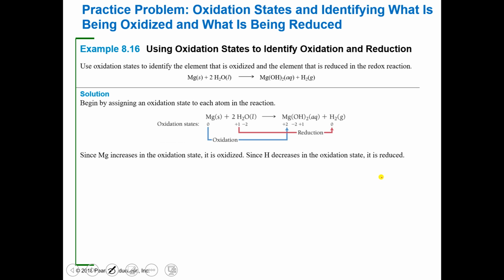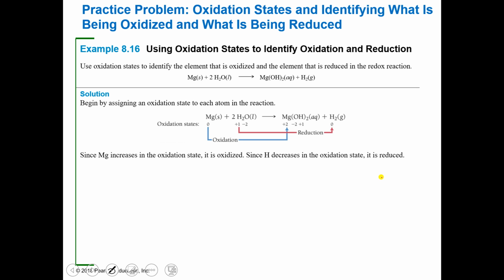So if we just look at the magnesium, for example, the magnesium is in its free state. We know it's in its free state for two reasons. The first reason is there's no charge assigned to it. And the second reason is it is not involved in a bond in any way, shape, or form. There's nothing it's bonded to. It is just simply solid magnesium, and it's how it would occur in real life, naturally in nature. So it's in its free state, giving it an oxidation number of 0.